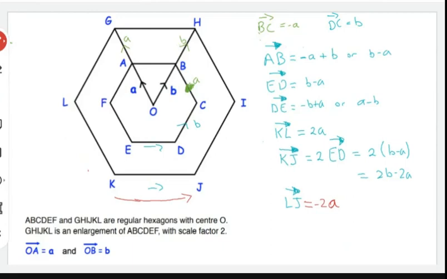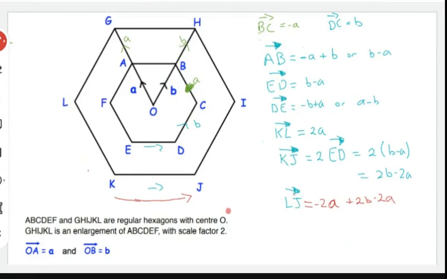It's just plus 2B. Is it plus 2B, to get from K to J? 2B minus 2A. Right, so we need to add the vector 2B minus 2A.